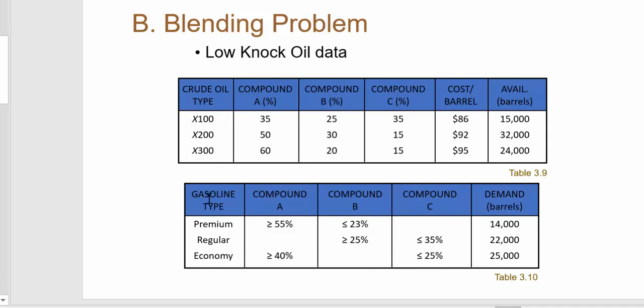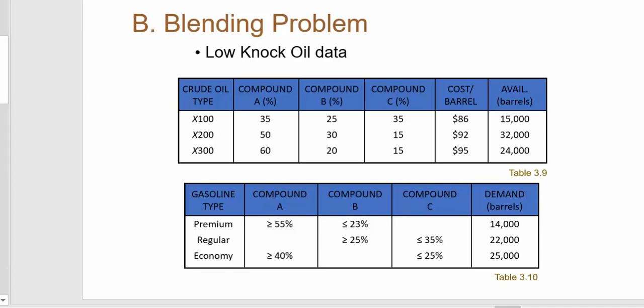Okay, and again, in terms of making premium, we can make it by blending any one of these different types. In fact, X100 can make premium, regular, and economy. X200 can make premium, regular, and economy, and X300 can make premium, regular, and economy. That leaves us with 9 different decision variables, because it's 3 times 3.